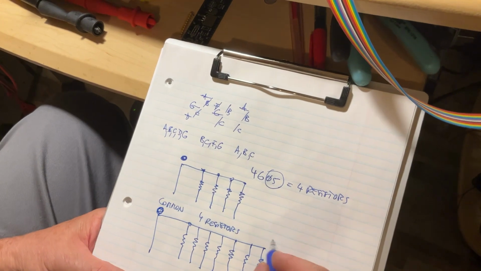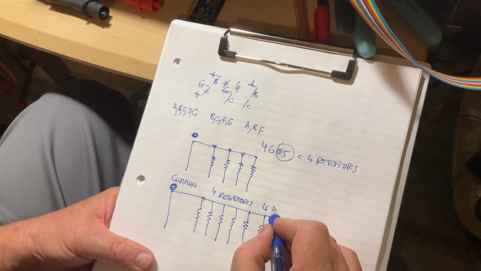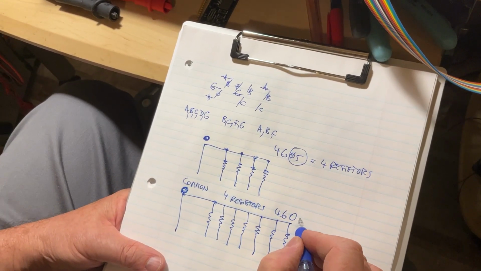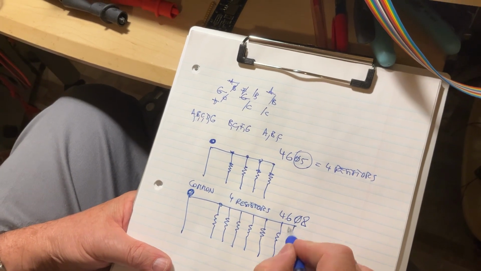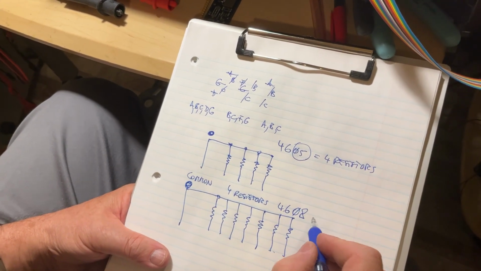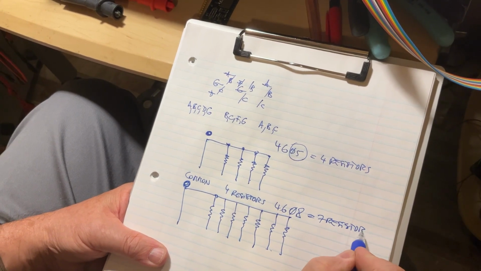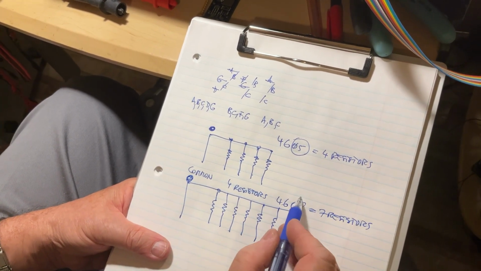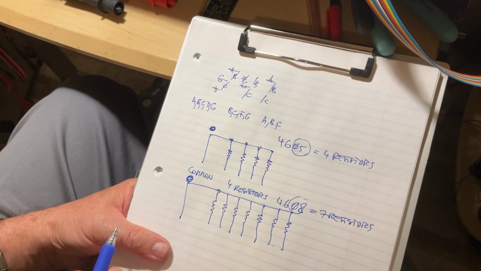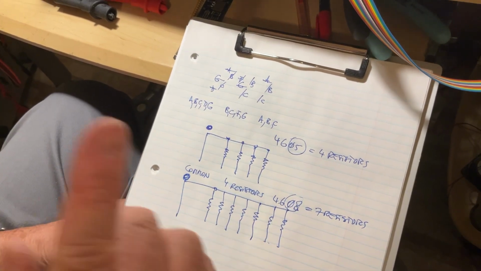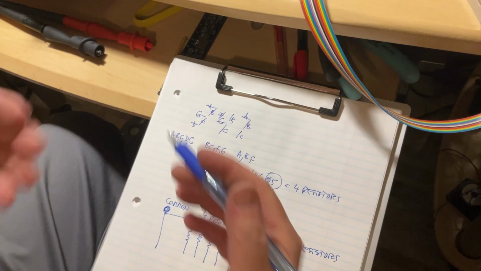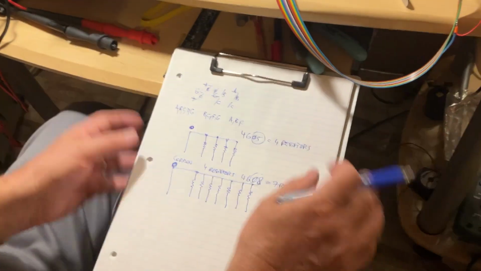So if you count, you're going to have 4608, because it's 7 resistors plus the common, making 8 terminals, 8 pins. So far so good? I'm telling you this because you have to prepare the parts to transfer on our printed board.